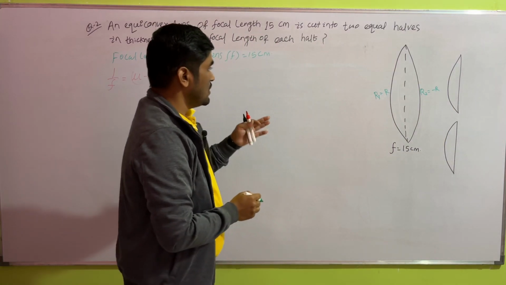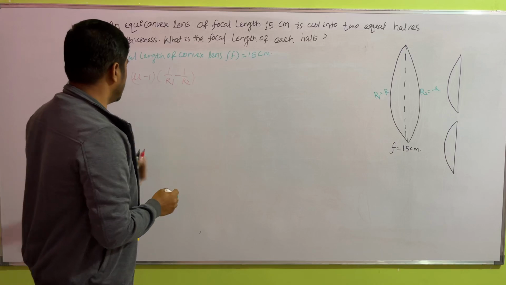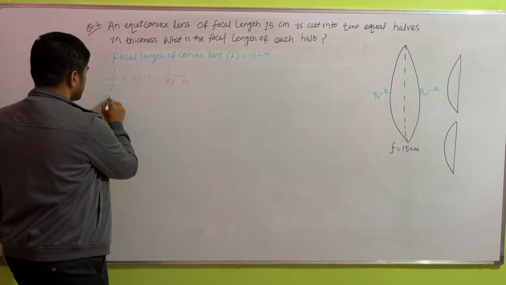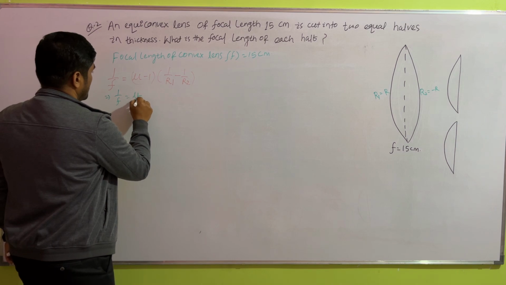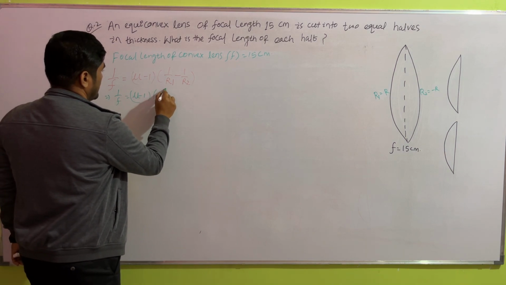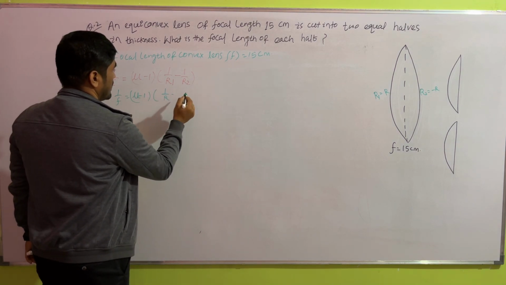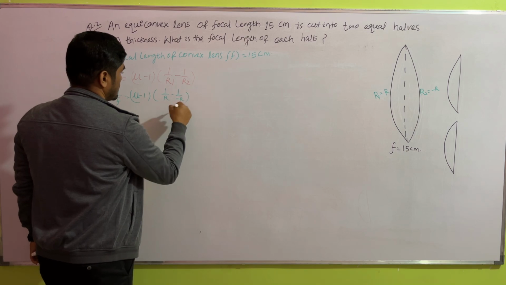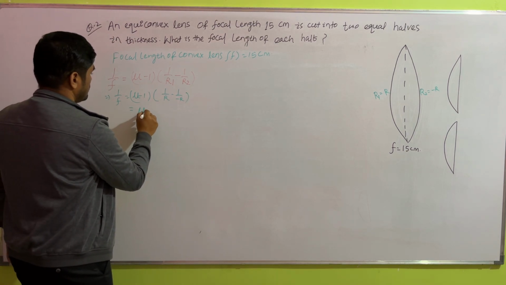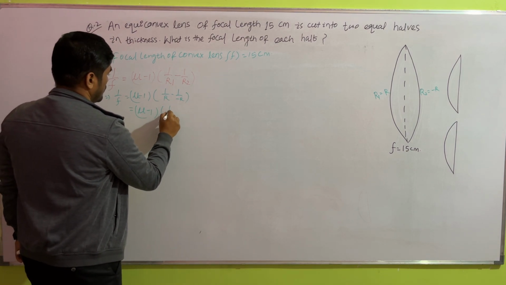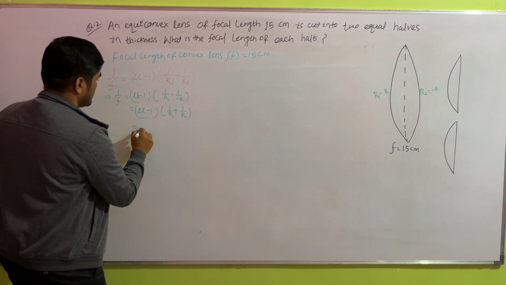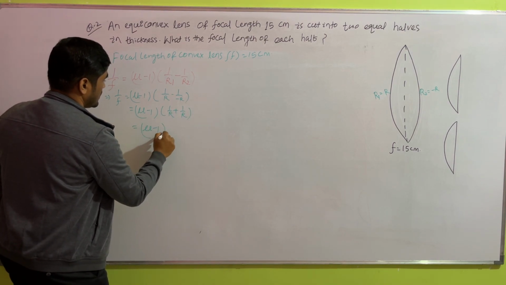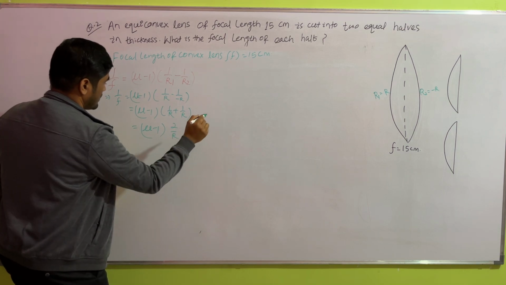Then use r1 and r2 in this equation. It will be 1 divided by f equals mu minus 1 multiplied by 1 divided by r minus 1 divided by minus r. So that is mu minus 1 into 1 divided by r plus 1 divided by r, that is mu minus 1 into 2 divided by r.